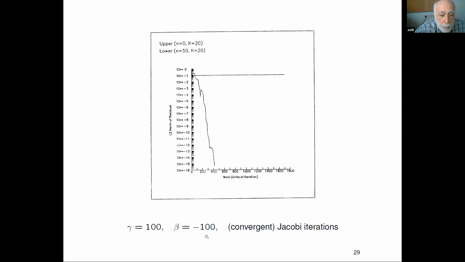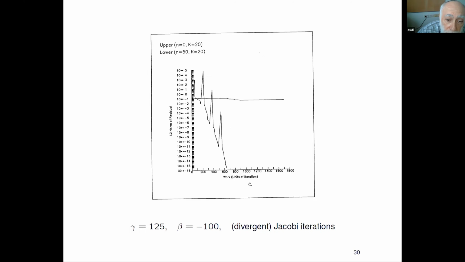Now here we are with beta equals minus 100. Now we're close to the regime where the iterations will diverge. Meanwhile they're converging. With n equals 0 and k equals 20, you see it stalls completely. When you pick n equals 50 and k equals 20, things come down dramatically fast. Here we have another one: gamma is 125 and beta is minus 100.